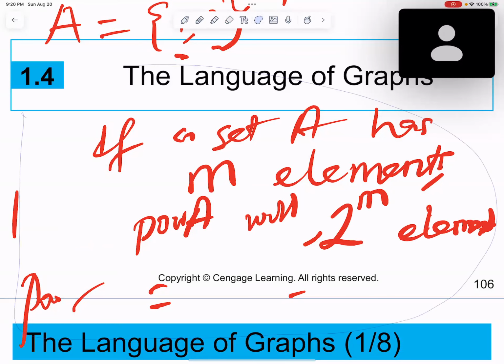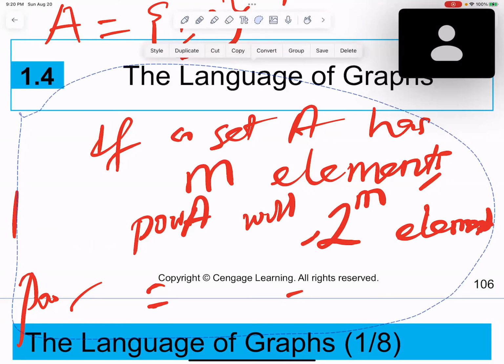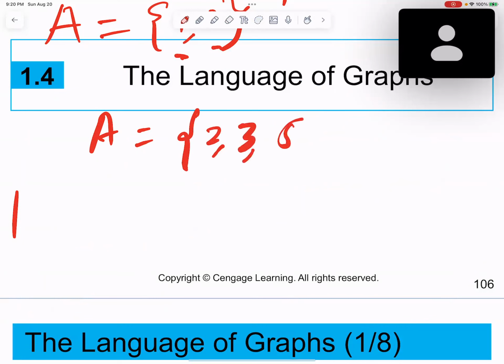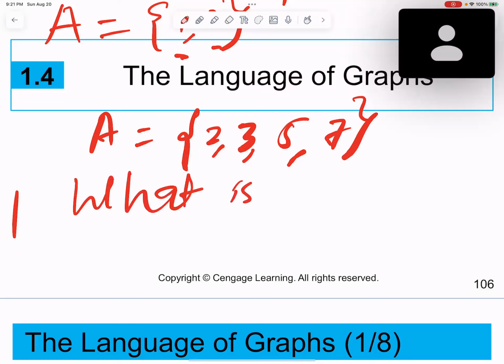Let me give you a question right now. Let's say A is a set of all prime numbers between 1 and 10. I have {2, 3, 5, 7}. What is the cardinality of the power set of A?